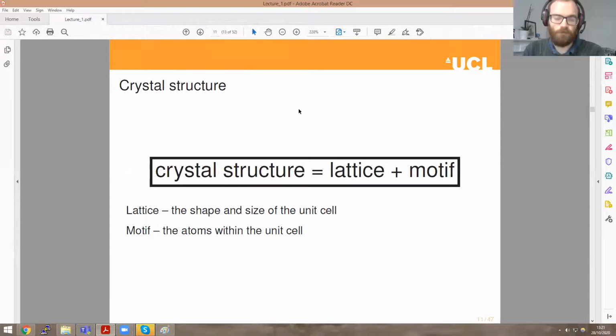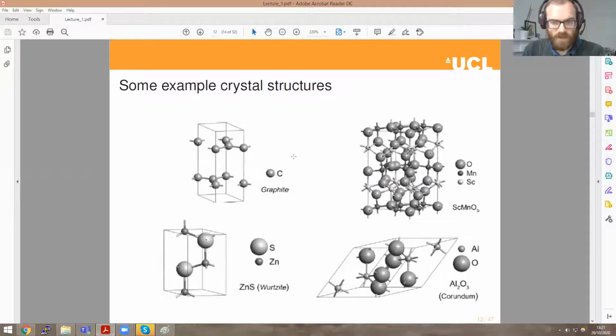As I say, the way a crystal structure works is you're always going to attach a motif of some arrangement of atoms to each of these black lattice points and then generate a crystal structure, which is the mathematical way of describing basically any of these crystal structures.